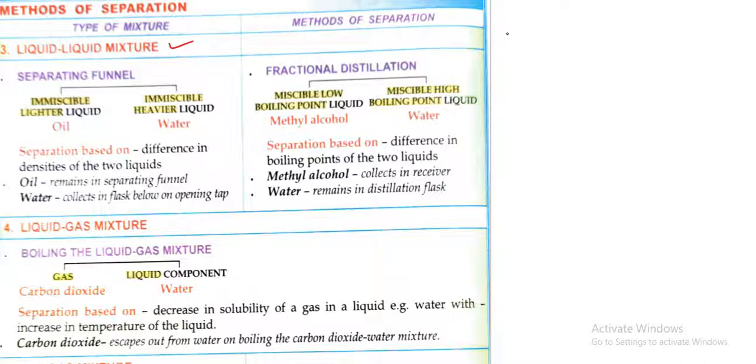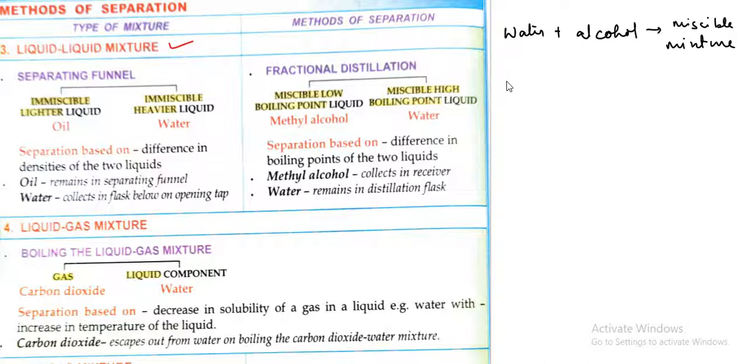For example, if you take water and alcohol, water and alcohol is a miscible mixture. Miscible mixture means they mix with each other very easily.